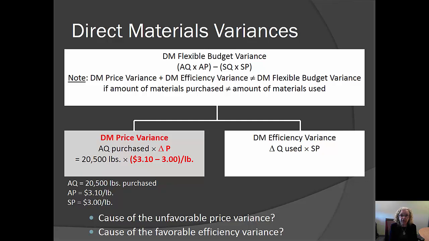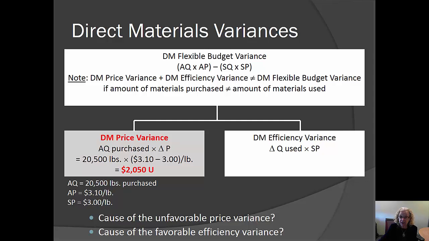So how much dollar difference did it make that we paid an extra 10 cents per pound? Multiply 10 cents a pound times the actual number of pounds that we bought to get the answer, and it's unfavorable because we paid more than we expected.